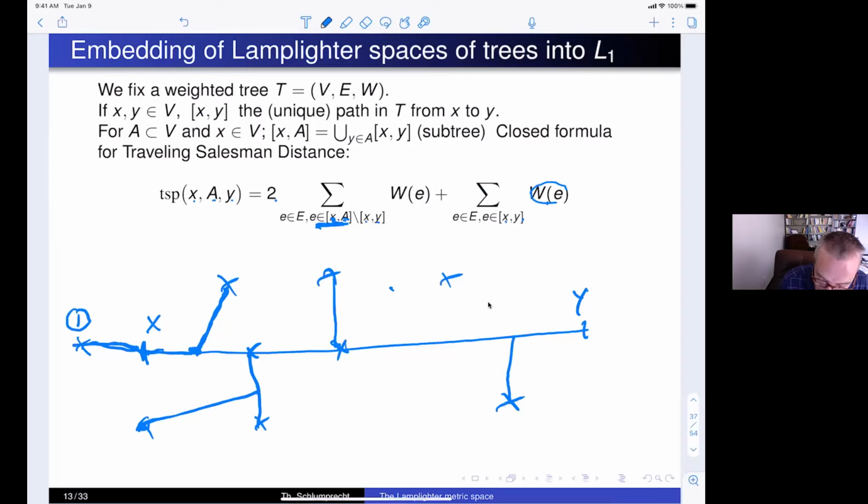So whenever he has to leave the main road from x to y, he has to go back and forth. So this is where the factor 2 comes in. And on the direct path from x to y, he only has to take each edge once. So this is to explain the traveling salesman distance.